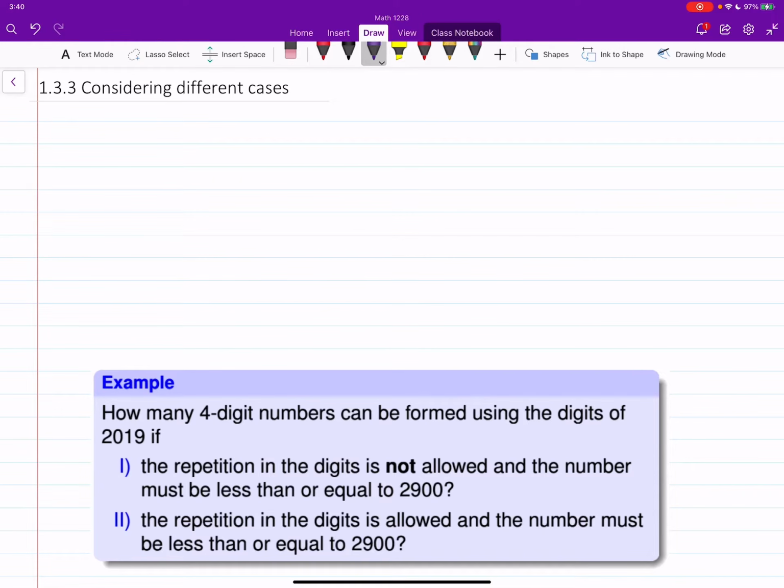Hello everyone. In this video, we will learn a trick called considering different cases that, together with the fundamental counting principle, we will be able to use in these counting problems. Well, the situation is that sometimes you cannot apply the fundamental counting principle.